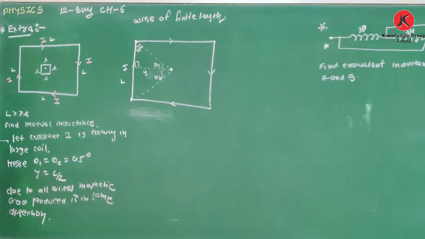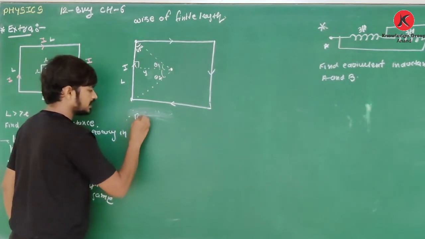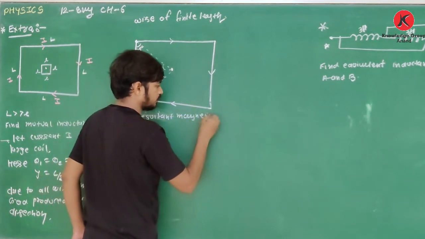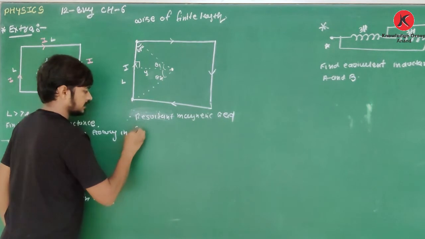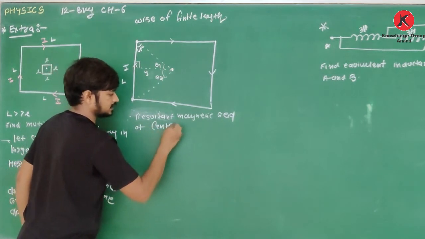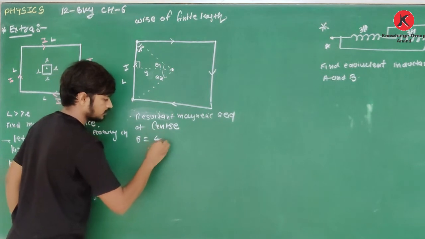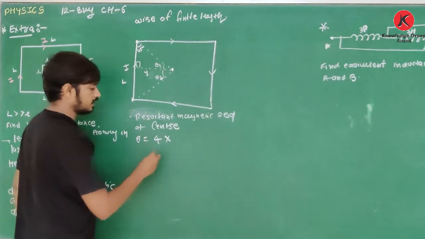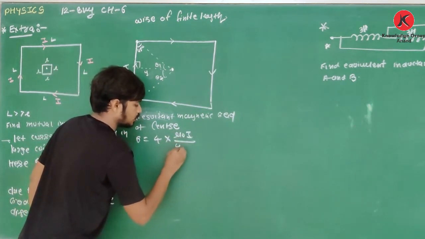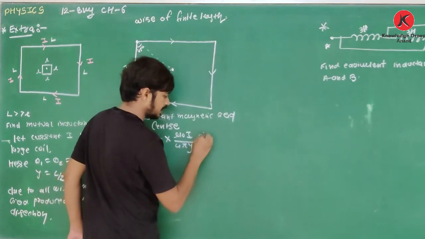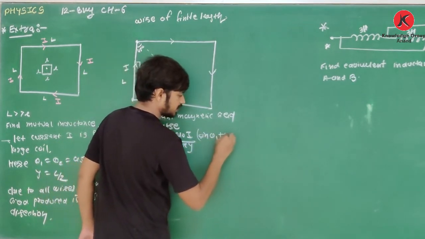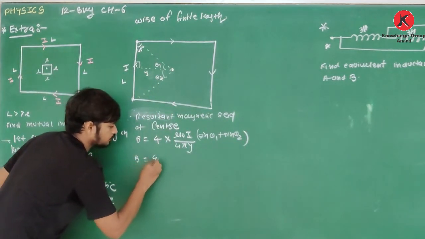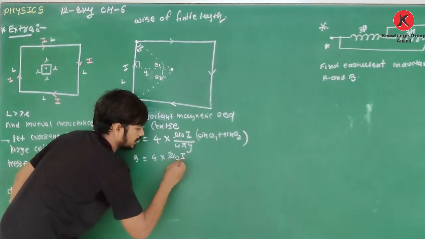Therefore, the resultant magnetic field at the center is B equals 4 times, because we have a total of 4 wires and they are identical, mu 0 I upon 4 pi y (sin theta 1 plus sin theta 2). So B is equal to 4 into mu 0 I upon 4 pi y.